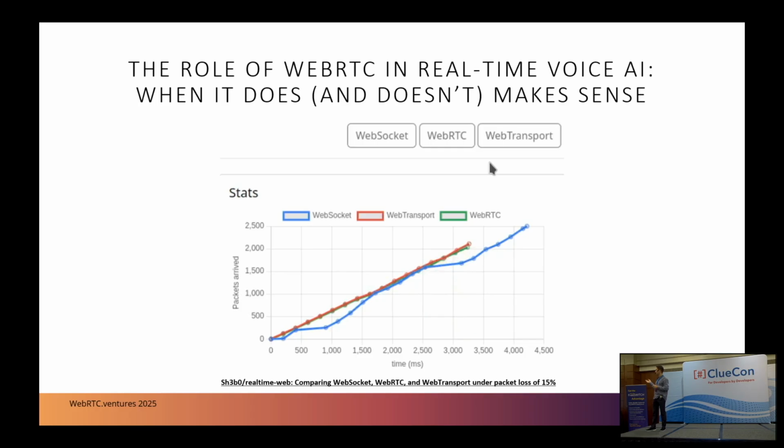The reason is because there is a lot of packet loss in this network, so there are retransmissions, and I think this clearly explains why it would make sense to use WebRTC over public networks, not just for video calls, but also for conversations with voice agents in real time.